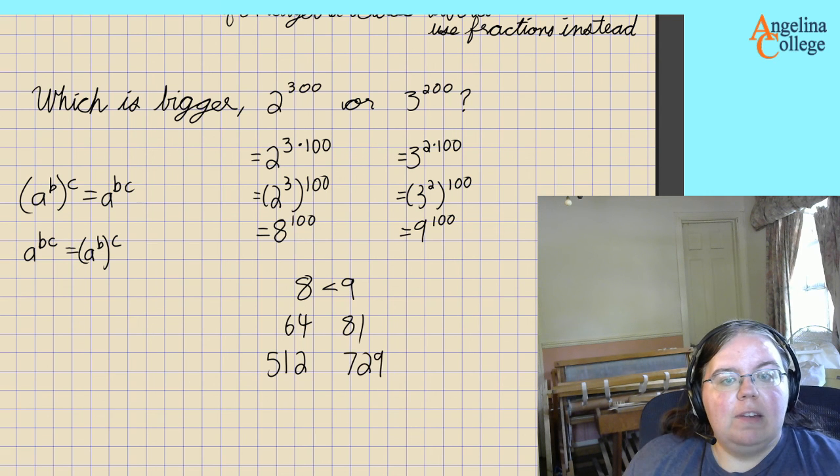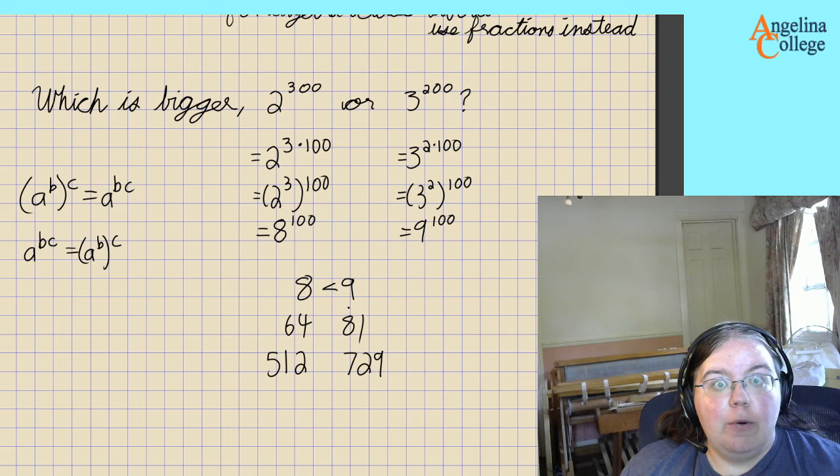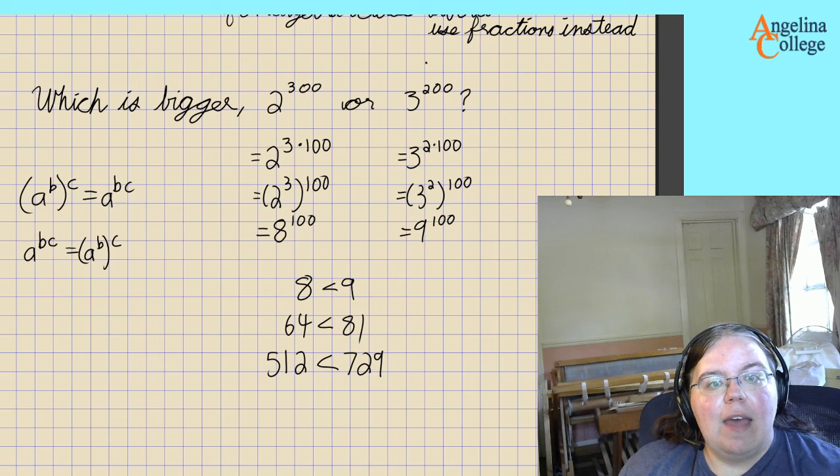So when you multiply 8 by itself or 9 by itself the same whole number amount of times, the one with the base of 8 comes out less than the one with the base of 9. And that tells me that this right here is bigger than this other one right there. That 9 to the power 100 is bigger than 8 to the power 100.